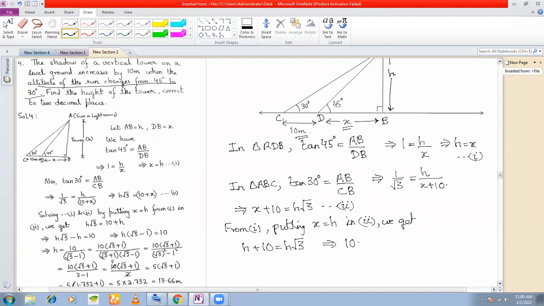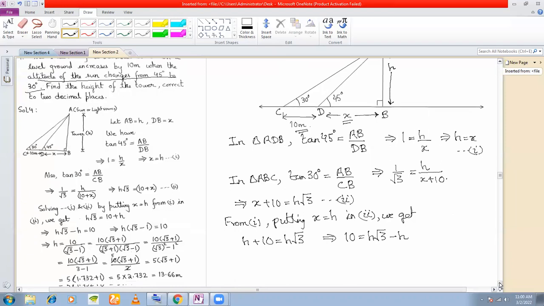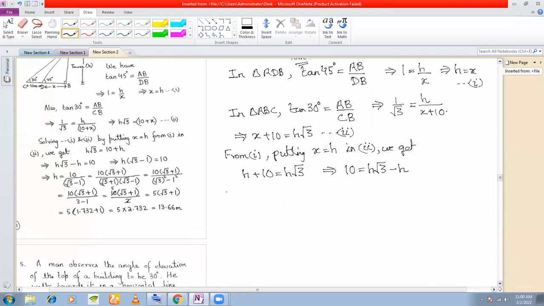That means 10 is equal to H root 3 minus H. Now you take H common, you get root 3 minus 1. Now you can divide both sides by root 3 minus 1 to get H is equal to 10 by root 3 minus 1.